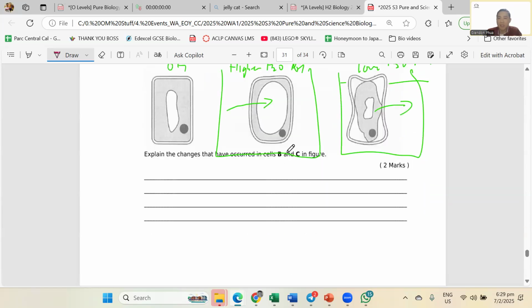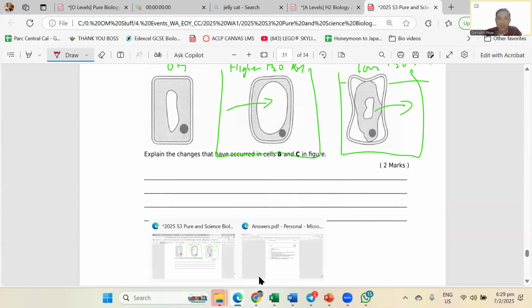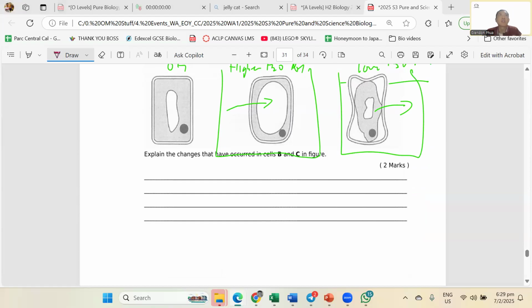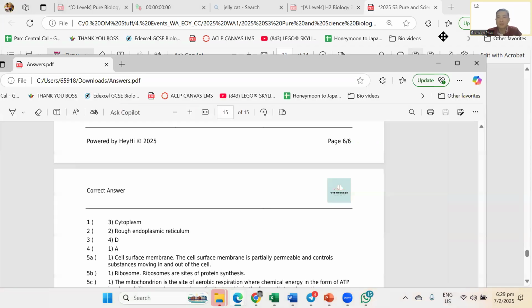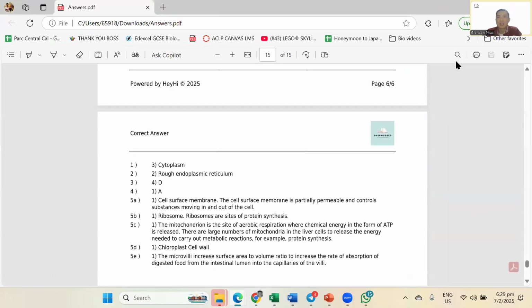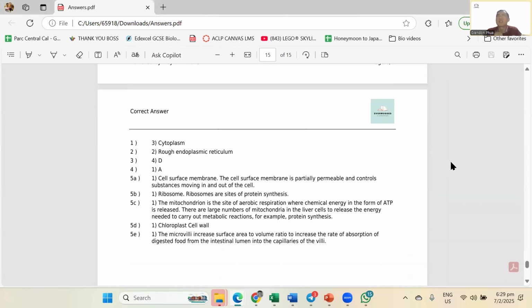Quite straightforward. Okay, so in lieu of time, I can't go through anymore. But what I will do here is I will show you the answers, which you all can take a screenshot and take down. This is the answer for the cell structure one. Take a screenshot.